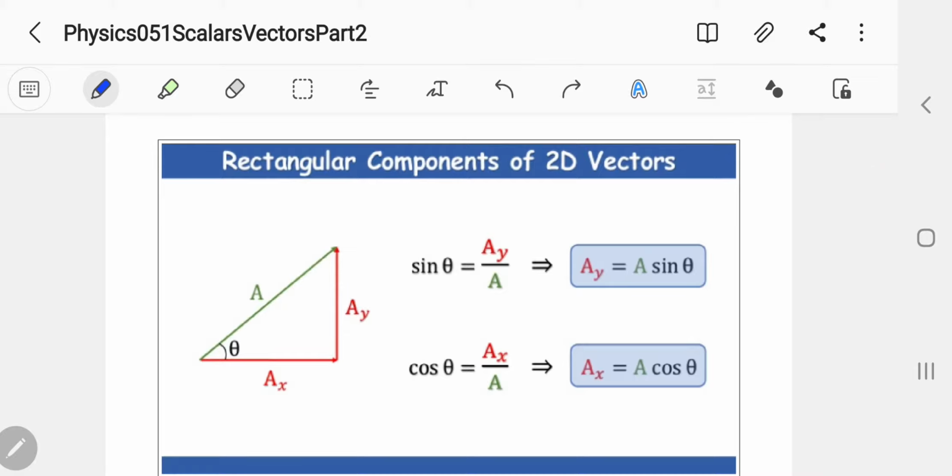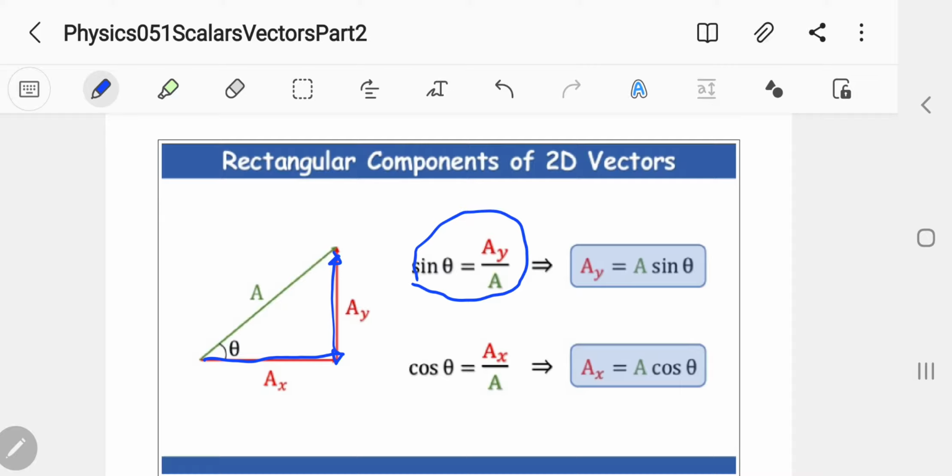So this is how you get the angle. So you have ax, the component of a along the x, and the component of a along the y. The angle, the direction of a, you can either use sine theta is ay over a. So if you know ay and you know a, you can get the theta.